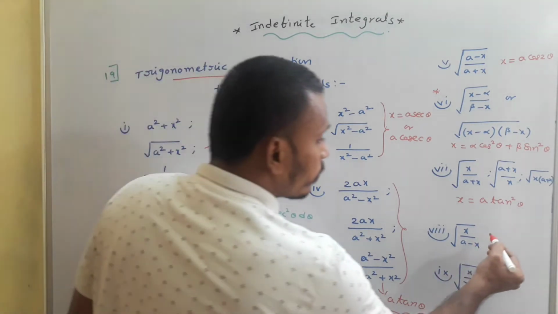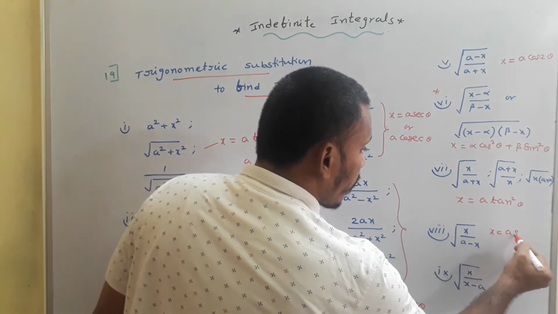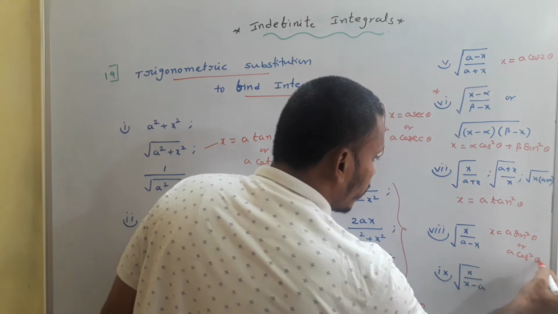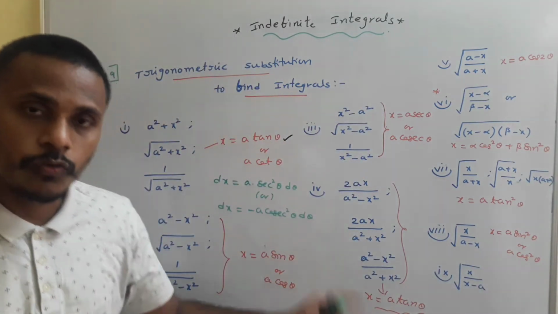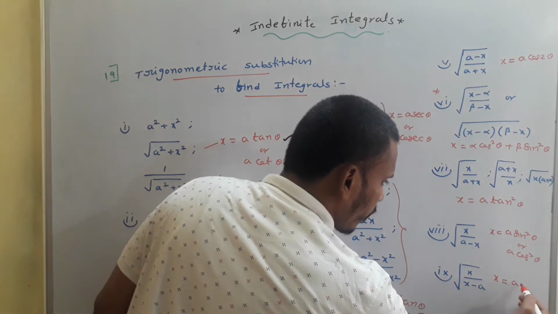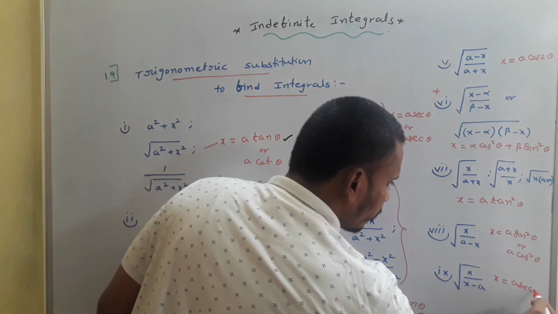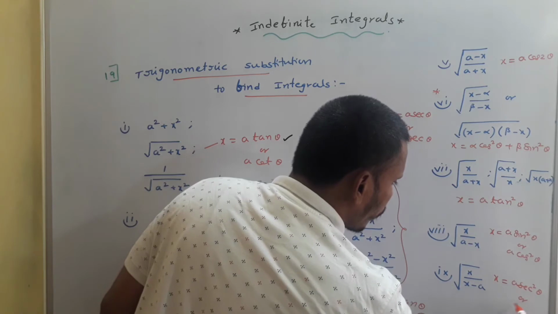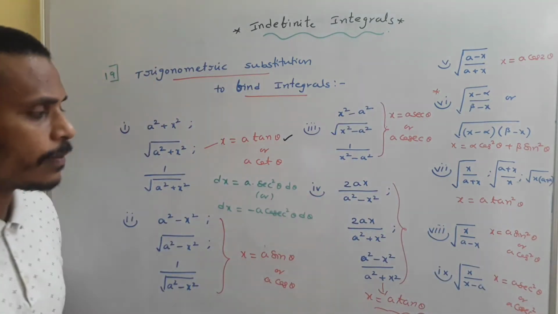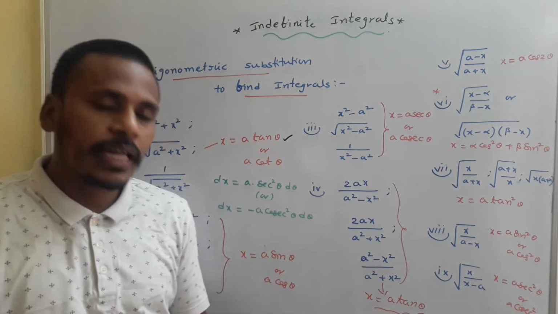For the next one, we need to take x equals a sin square theta or a cos square theta. And for the last one, we will consider x equals a secant square theta or a cosecant square theta also. These are some of the standard substitution ways to find integrals.